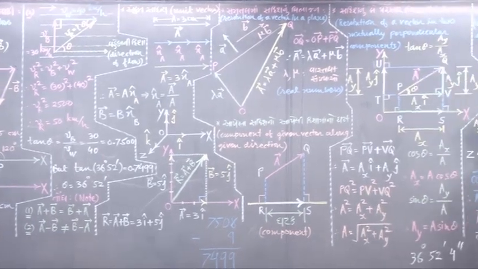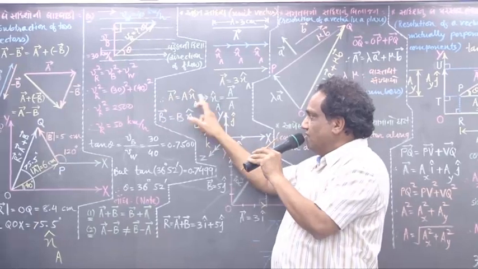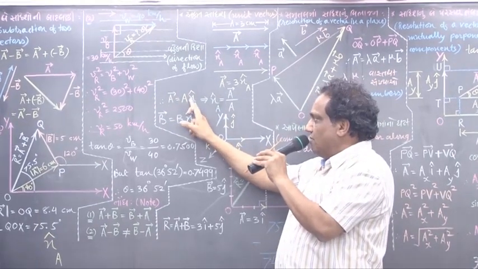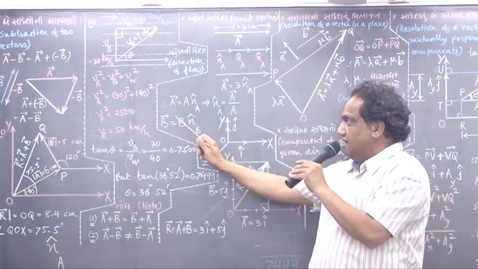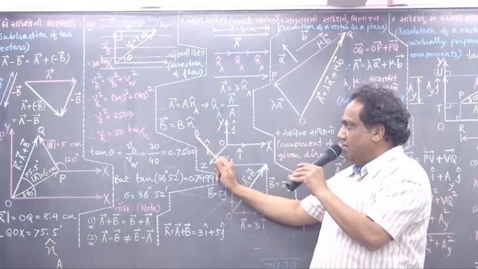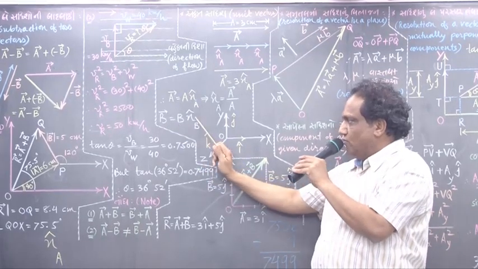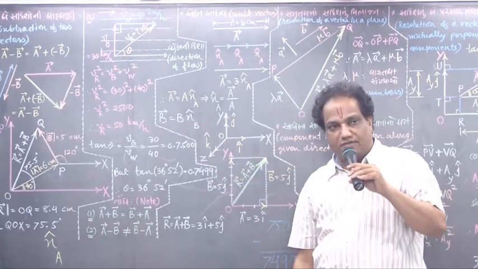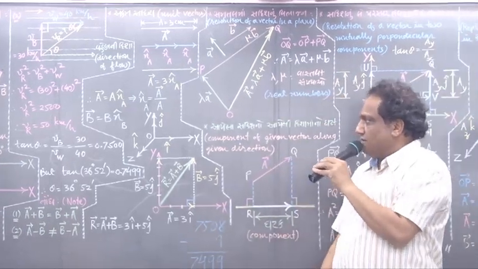Please remember, better you use this one. This is going to be very useful to you. Vector equals magnitude multiplied by unit vector. Similarly for vector B, B equals B into n_B hat. Simple. Fine.